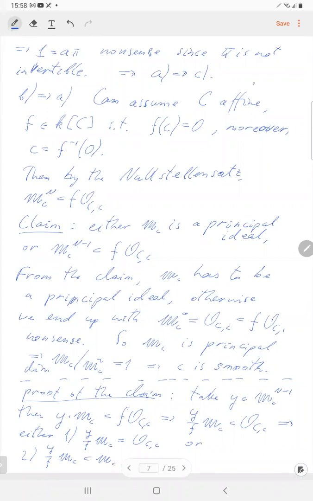Okay, because this is the local ring, and there's nothing else. There's a unique maximal ideal.